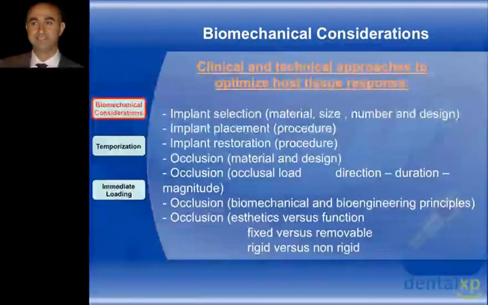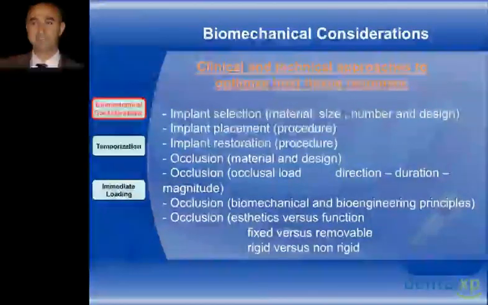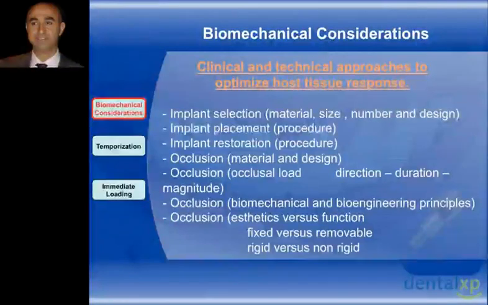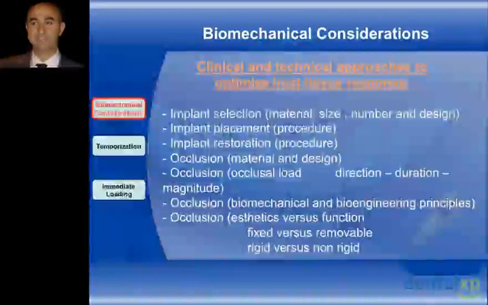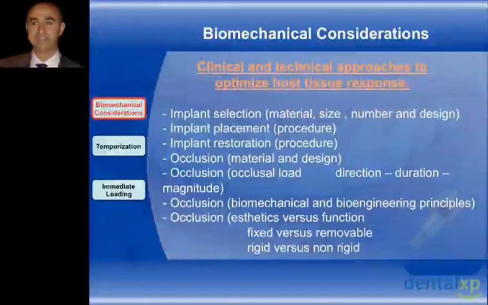We have to select our implant from a material, size, as length and diameter, the number of implants being placed, and the design factor from a macro and micro geography of the implant itself. Placement of the implant, the surgical placement protocol, and restoration of the implant, the occlusal design and material of the implant restoration, and how we can direct our occlusal forces to become less harmful than the detrimental lateral forces itself.